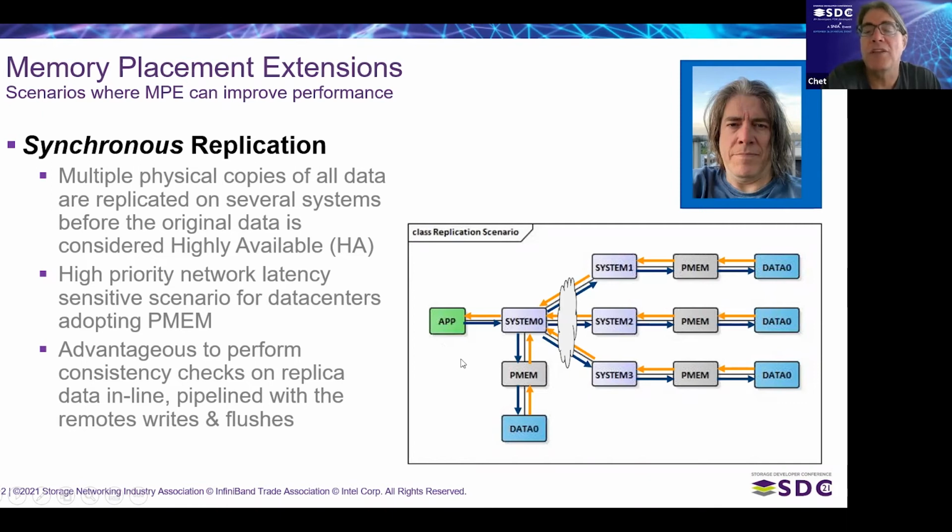Being able to accelerate that and not have an application have to have intermediate pipeline stalls waiting for these writes to complete is advantageous. So if the application can just put all these write and flush commands on the wire, queue them all up, and just let the NIC and the network handle the ordering, it removes significant pipeline stalls that the application would see otherwise.